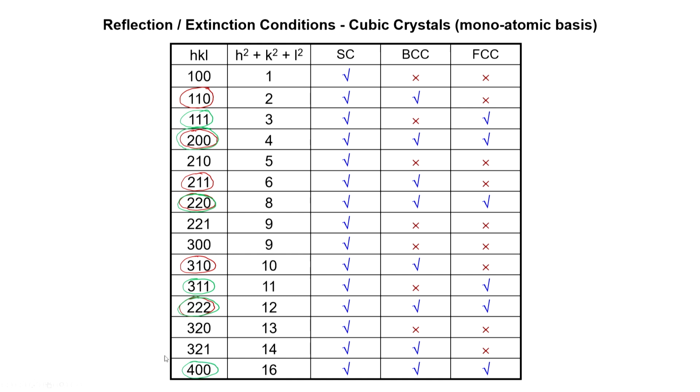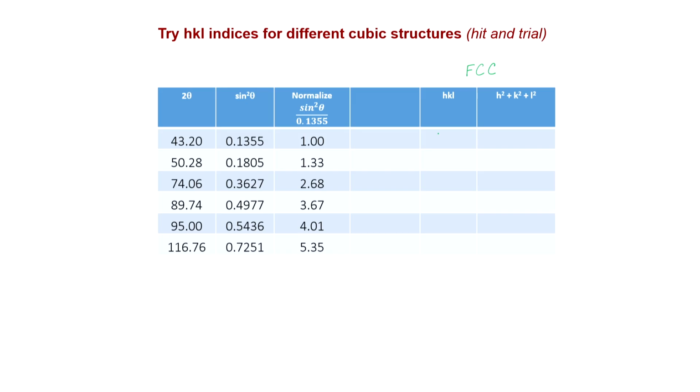So, let us write down all of these. 1, 1, 1, this is 3; 2, 0, 0, 4; 2, 2, 0, 8; then I have 3, 1, 1, this would be 11; 2, 2, 2, this will be 12; and 4, 0, 0, and this would be 16.